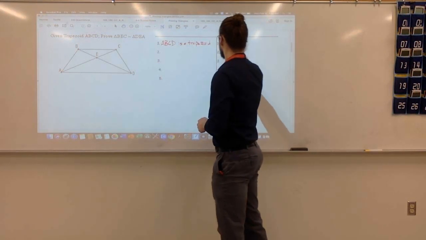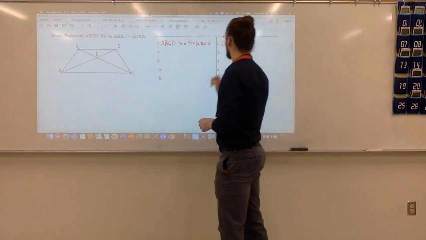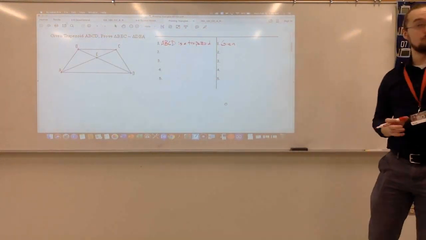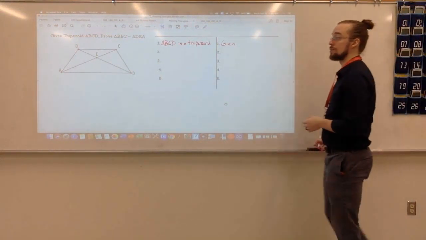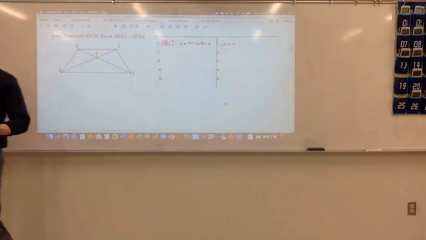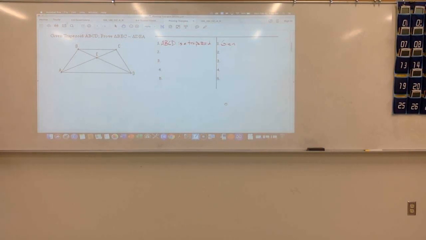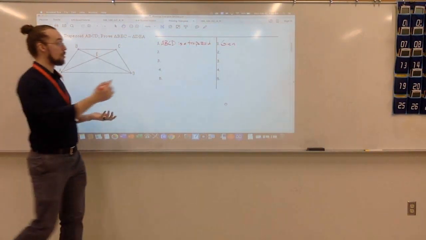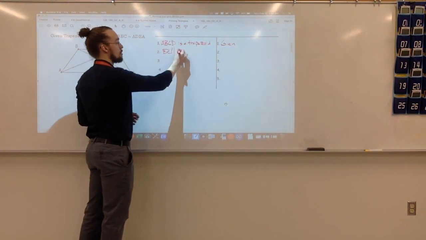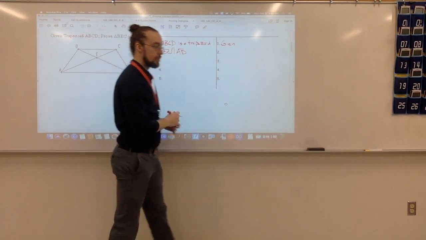What do I know about trapezoids? Yeah, one pair of parallel sides, right? So it's obvious which pair of sides in this trapezoid is parallel, right? BC and AD. So we can say BC is parallel to AD.